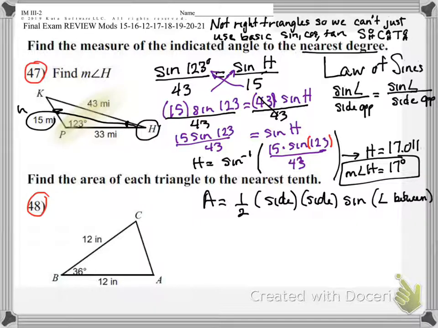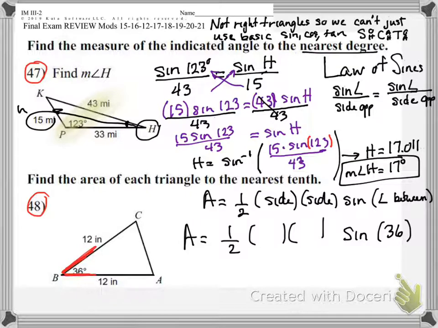Which means that the only angle I know is 36. And I have 1/2. And I need to know that I have the two sides that meet at that angle.